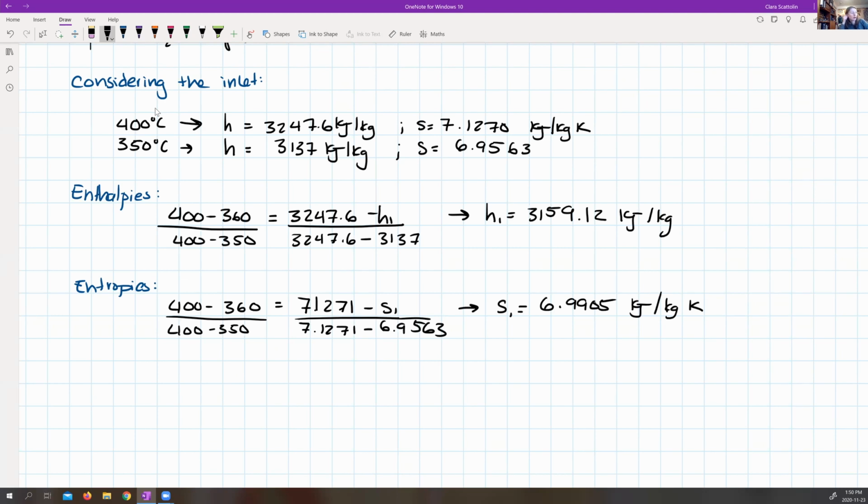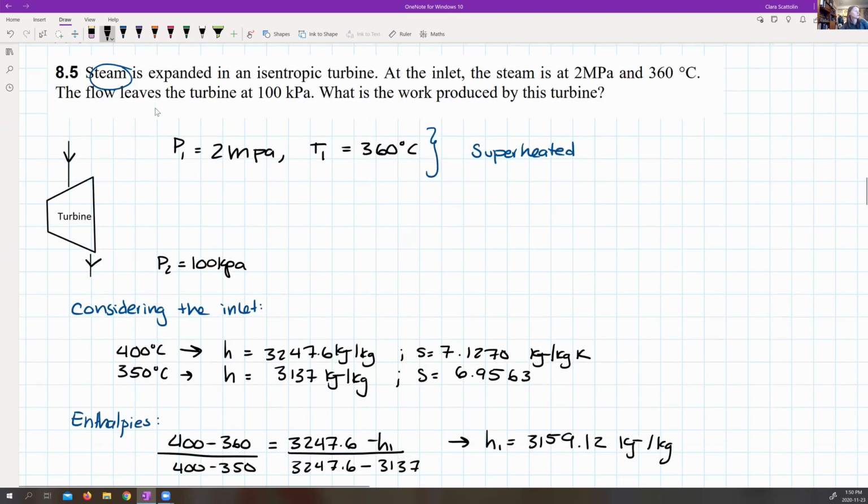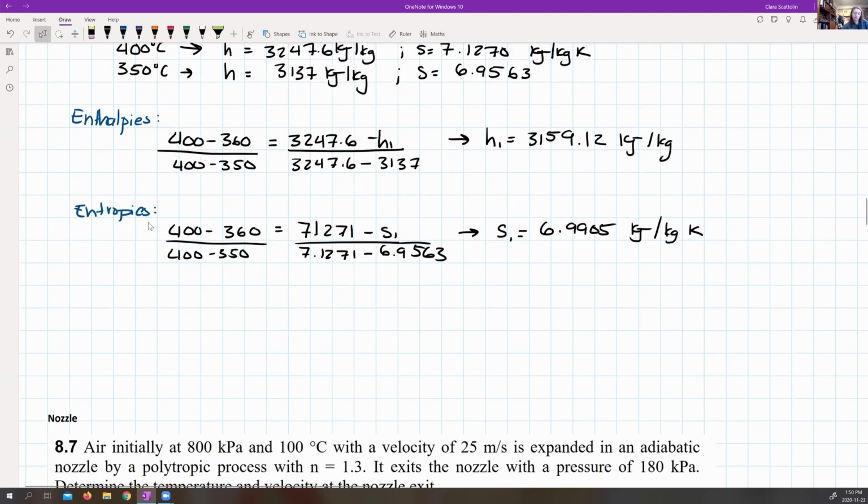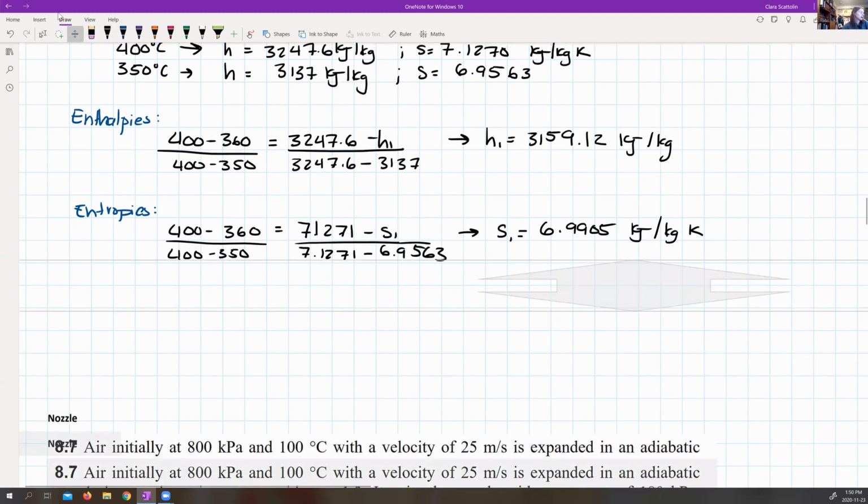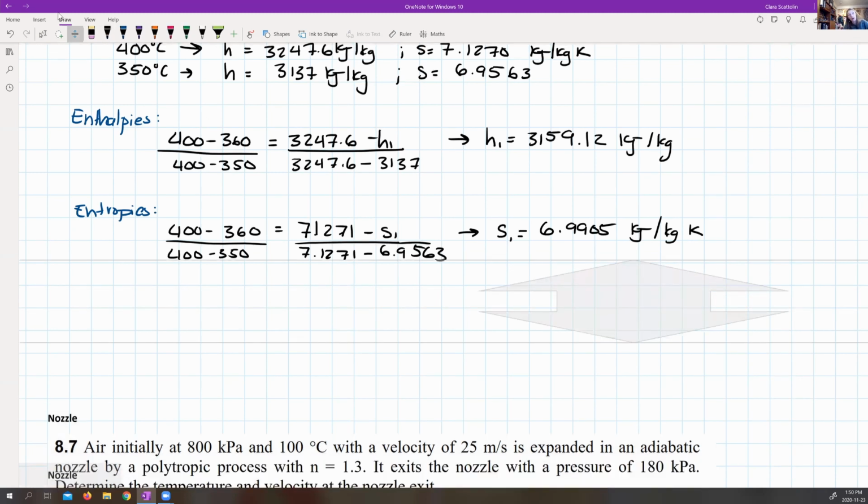All right, so now I have all of these relationships, and I know the turbine is isentropic, right? So at P2, I know the pressure, and I know that S1 is equal to S2. All right, so what that's going to mean, is that I have pressure, and now I have a property, right?